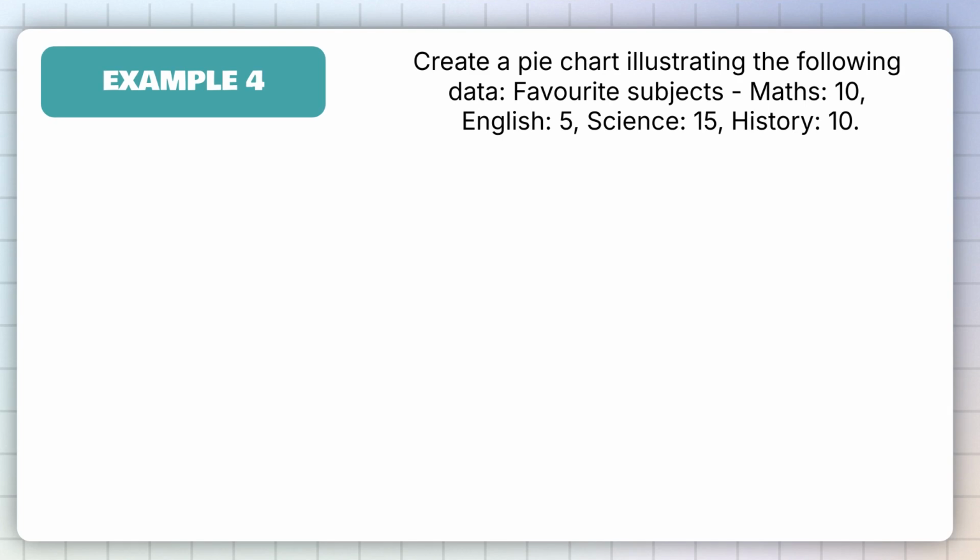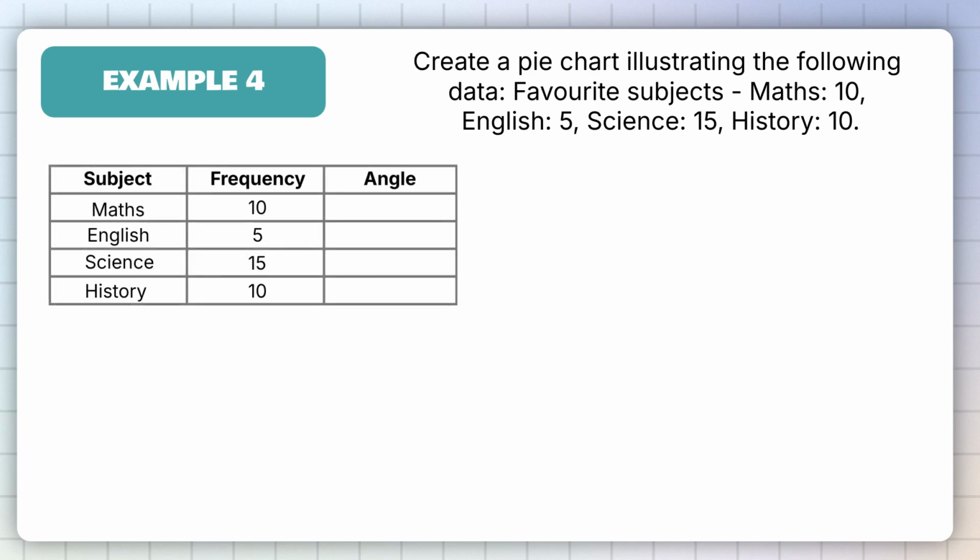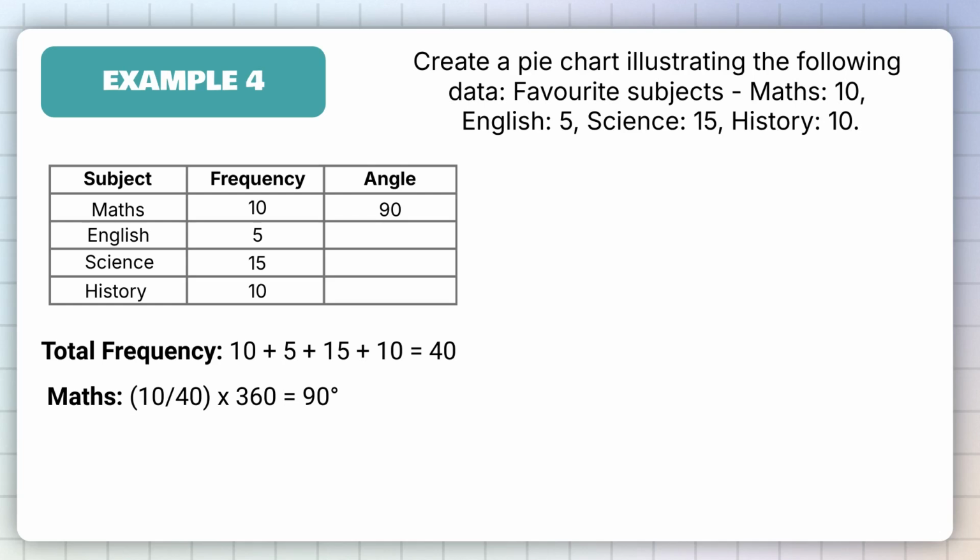Example 4, creating a pie chart. Create a pie chart illustrating the data on favorite subjects shown. To create the pie chart, first, calculate the total number of students. Then, find the angle for each sector. Maths equals 90 degrees. English equals 45 degrees.